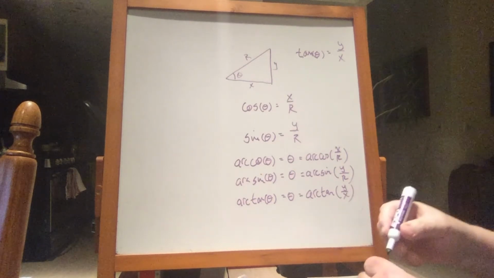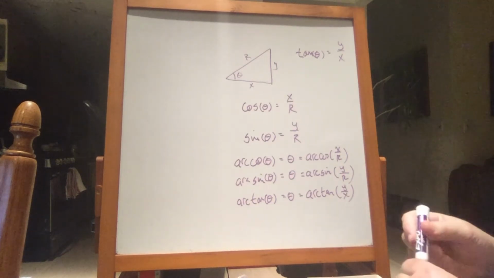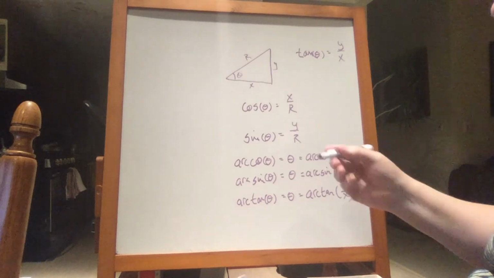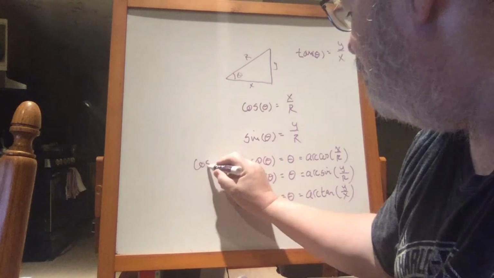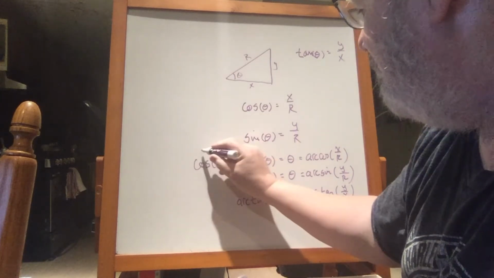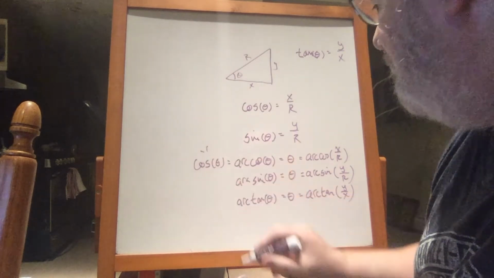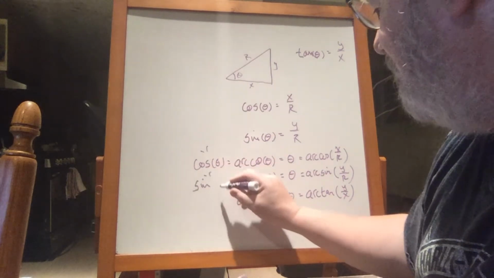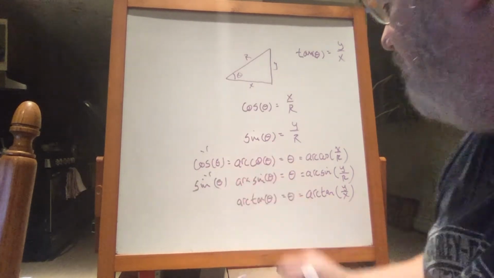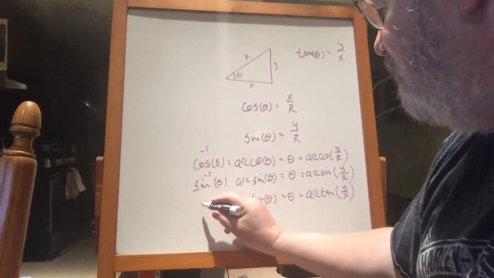And so those are the arc sines. And remember, we used notation like this, cosine inverse of theta. We said this is equal to the arc sine, and we use this. But that can be confused.